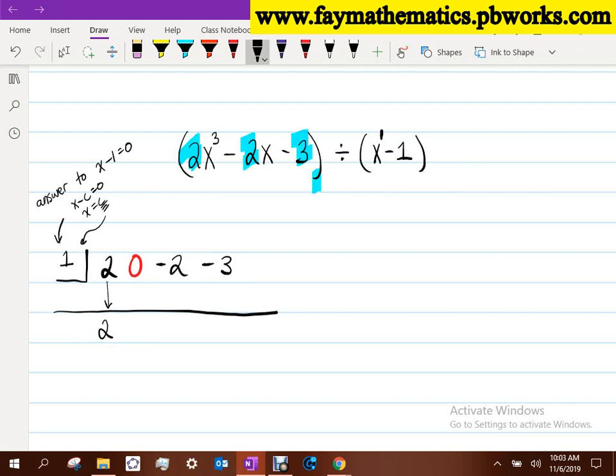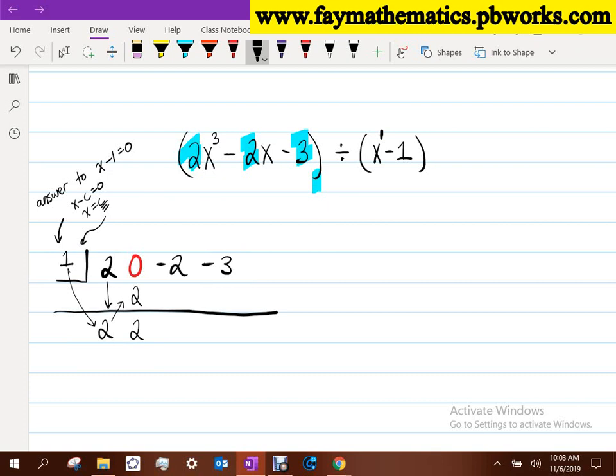You're then going to take this number that's in the box and you do what with that 2? Multiply it. And when you multiply, that term goes right there. So 1 times 2 gives me that 2. Okay? You are then going to add straight down. Gives you 2 again, right? And then you just repeat the algorithm.